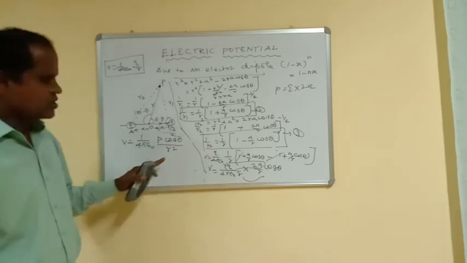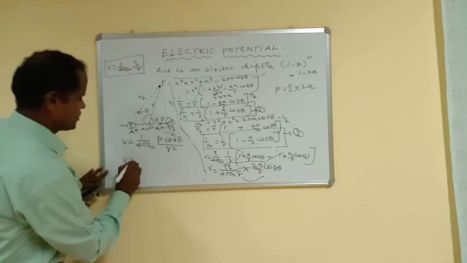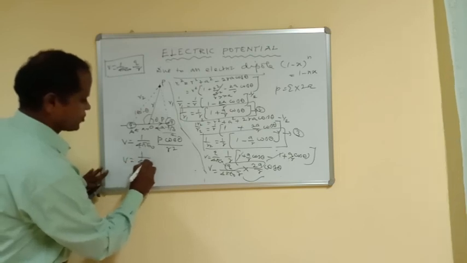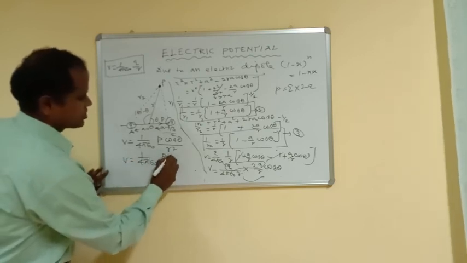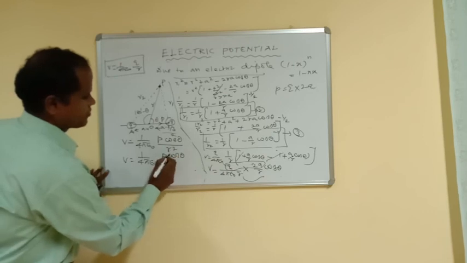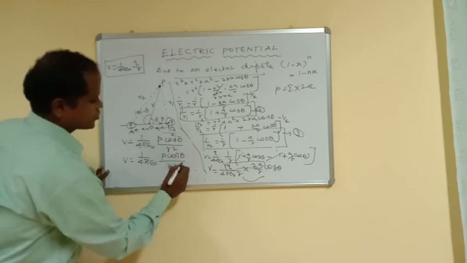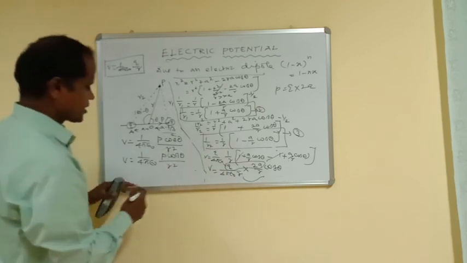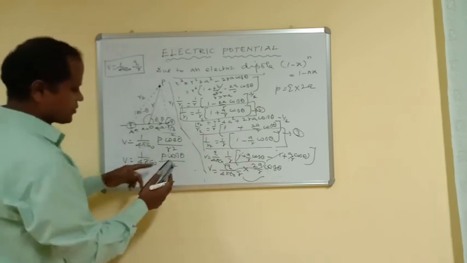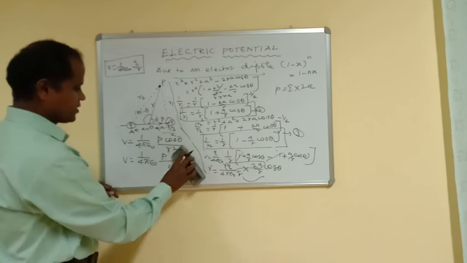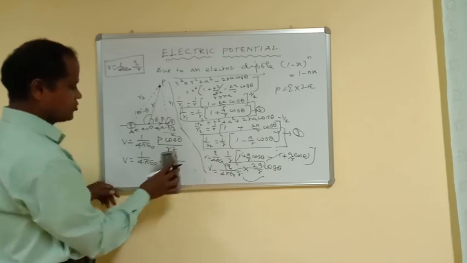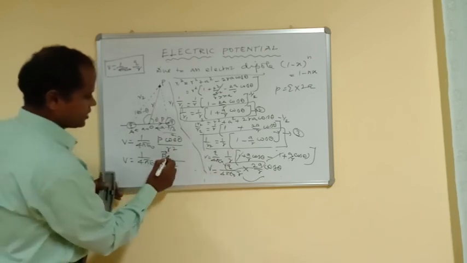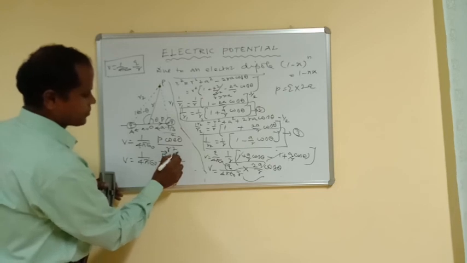In vector notation we can also write V is equal to 1 by 4 pi epsilon 0 P cos theta by R squared. In the dot product, in place of cos theta we can put vector P dot P cap.